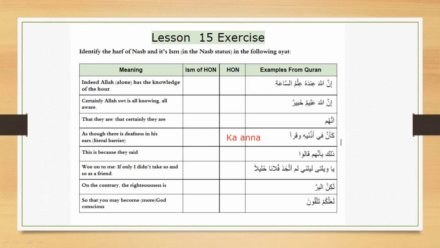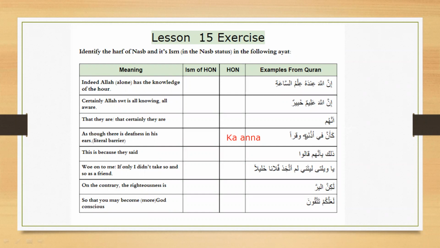And then fi is harf of jar. So the harf of jar immediately follows, and just after harf of jar, there should be an ism in jar status. Can you see that ism in jar status? Uzunaihi, two ears.